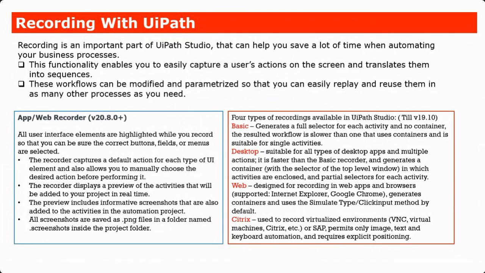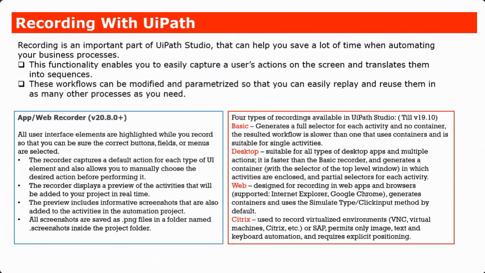So when you are automating a desktop application, the selectors will be different. When you are automating a web application, the selector will be different, right? So in desktop, it captures the top level window and everything inside that as a selector. But while it's recording a web, it captures the simulate type or the click or the input method that you do. So that's the basic difference between desktop and web.